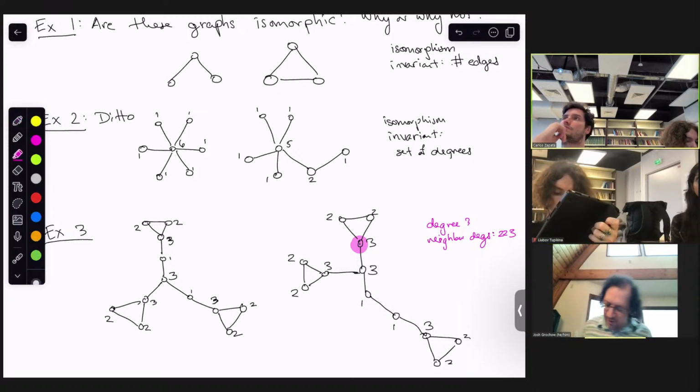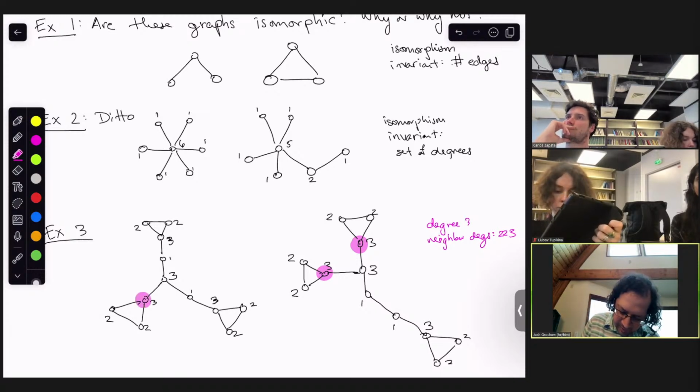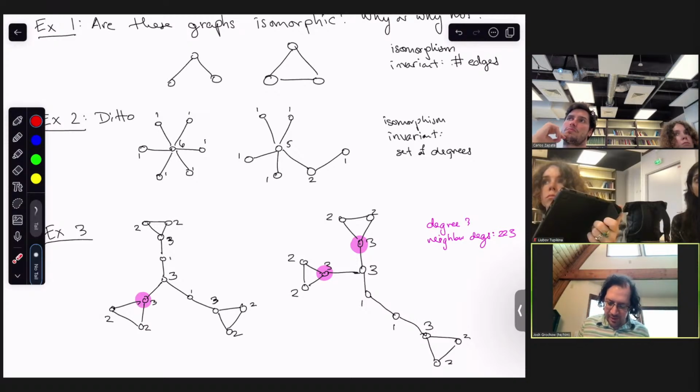Now I can go through and ask, where else do I see vertices of degree 3 whose neighbor degrees are 2, 2, and 3? I see it here, I see it here, and that's it. In this graph, there are 2 of those, and in this graph, there's only 1.